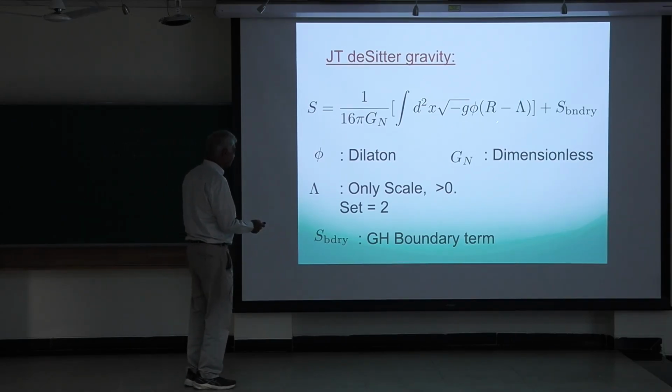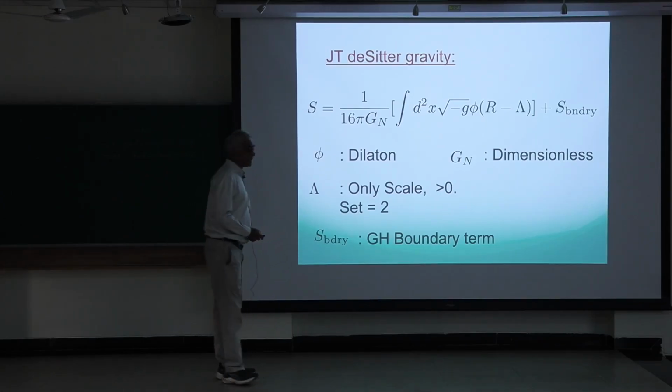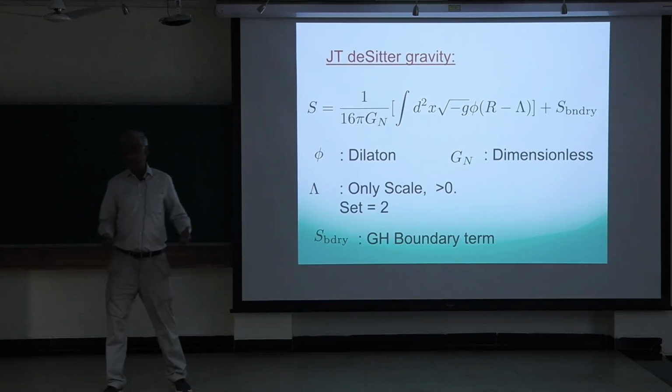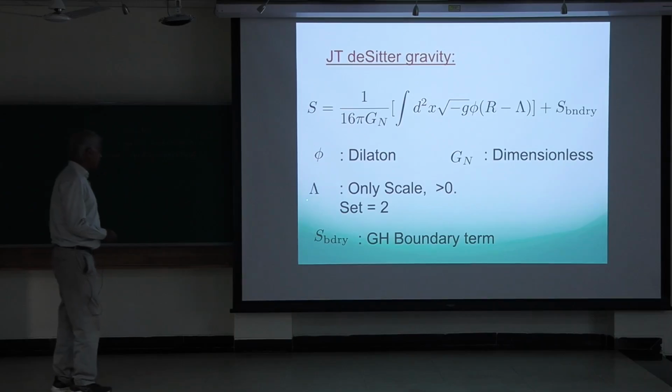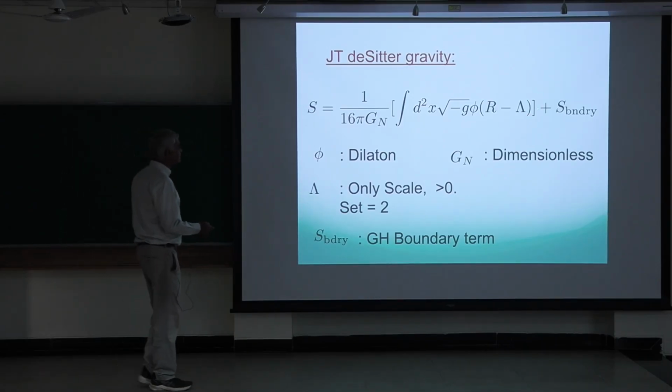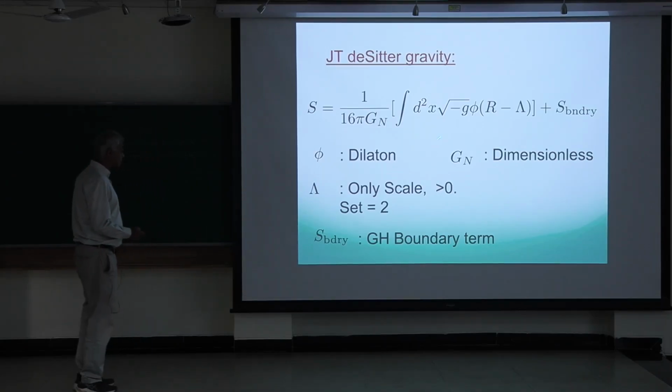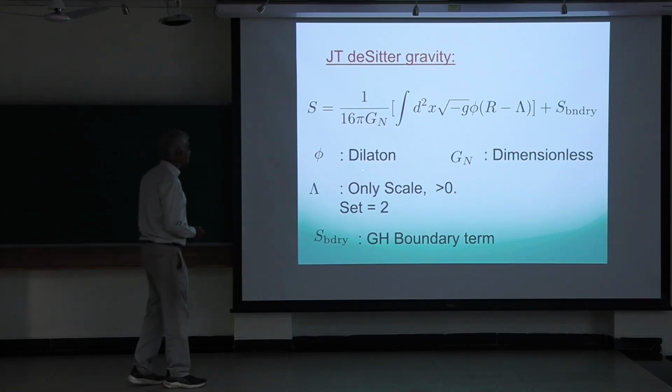Lambda is taken to be positive. If you vary the dilaton, you see that the equation of motion sets the curvature R equal to lambda. If you take lambda to be positive, you get de Sitter space. Okay, so we'll take lambda to be positive, and since it's the only dimensionful scale, I set it equal to 2. That leaves only one dimensionless constant. G Newton is dimensionless in 2 dimensions.